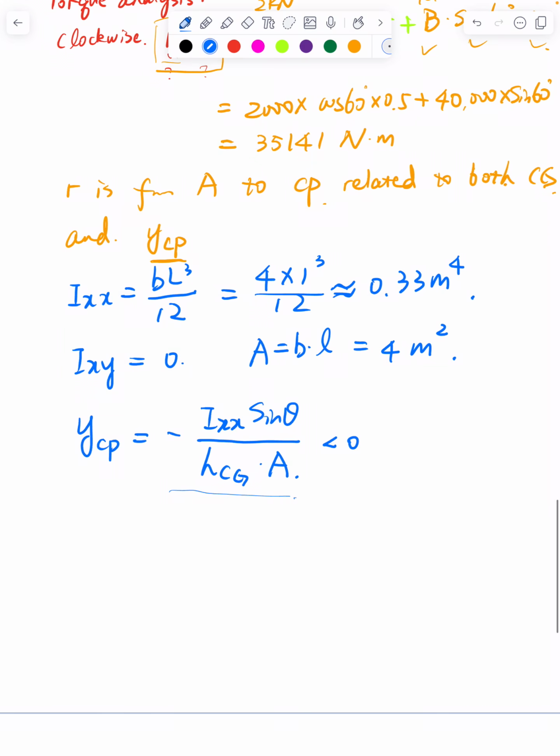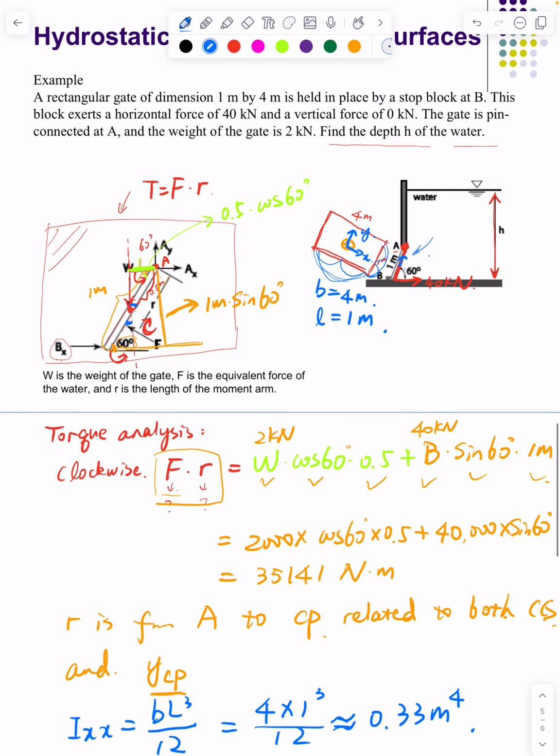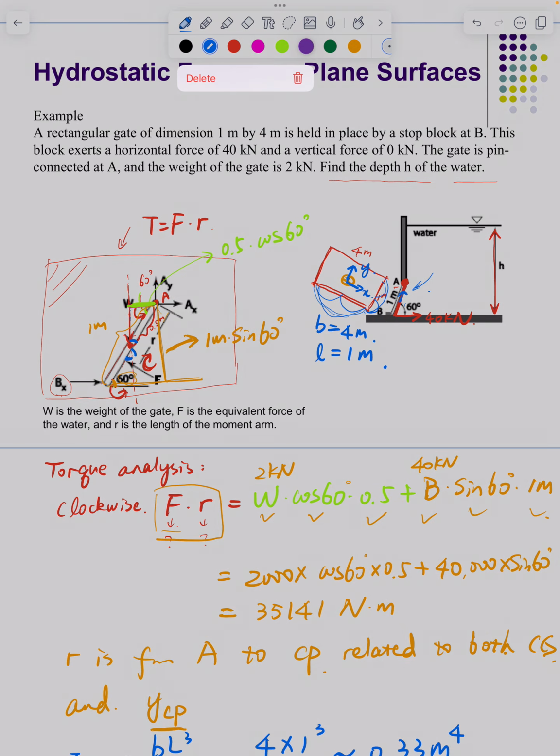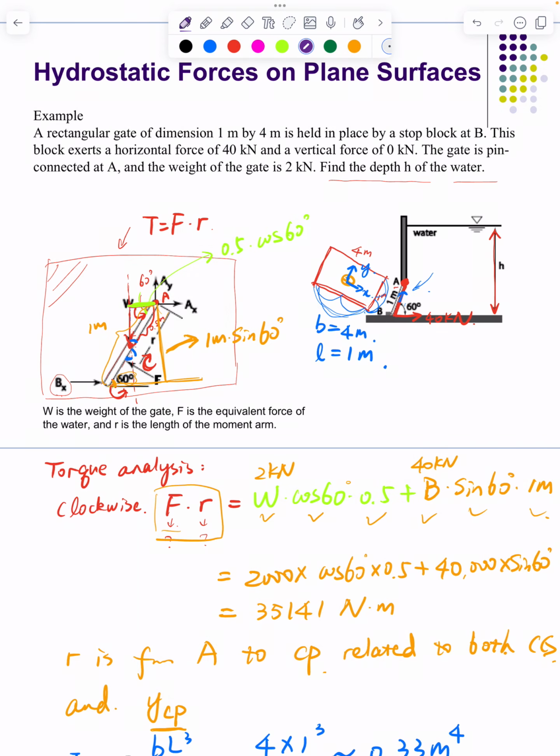So what is the relationship between R and CP? We have shown here, right? Let me change the color, maybe purple. This part is the YCP we calculated, and this part from the centroid to A is 0.5 meters.